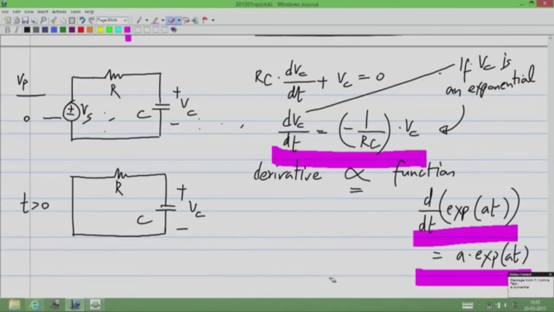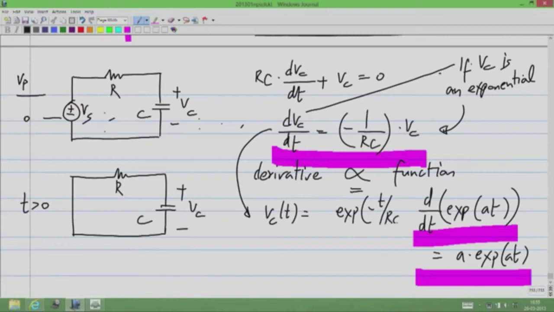So what is a function that will satisfy this equation? It is Vc of t of the form exponential minus t by Rc.